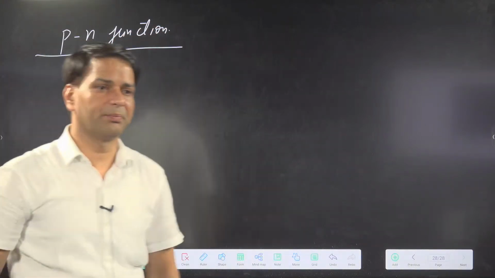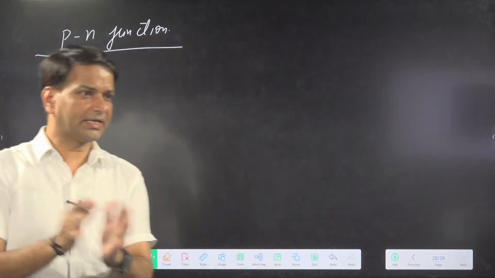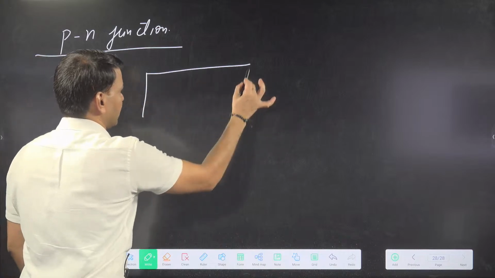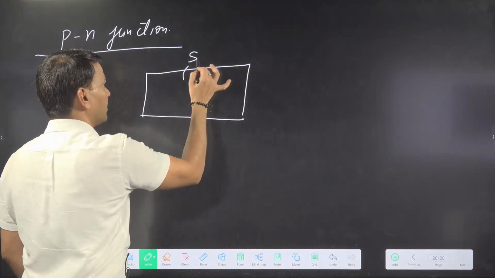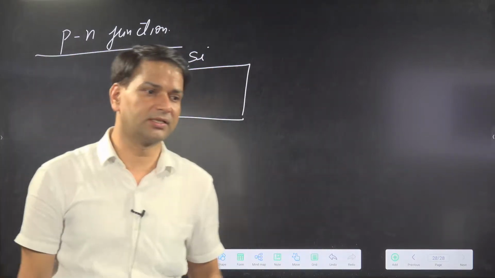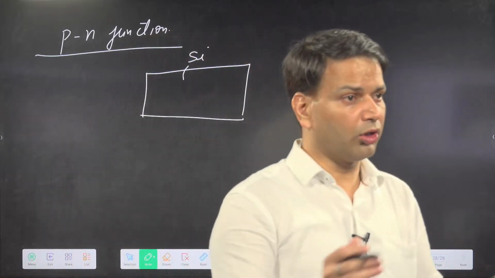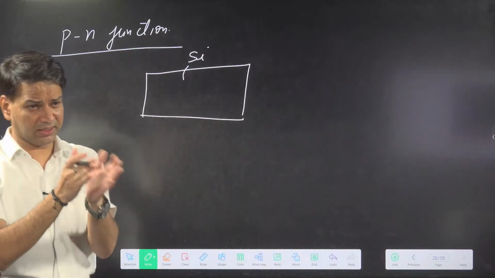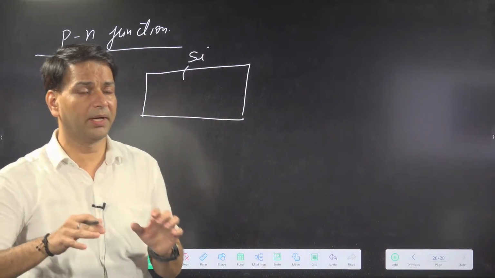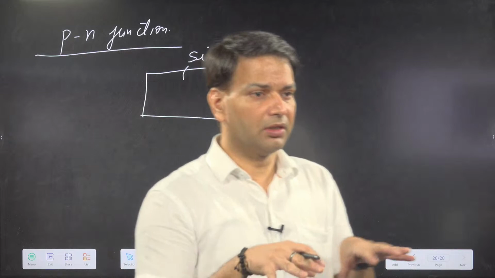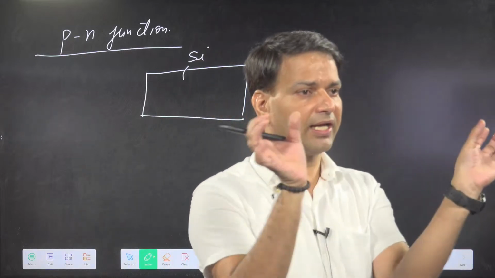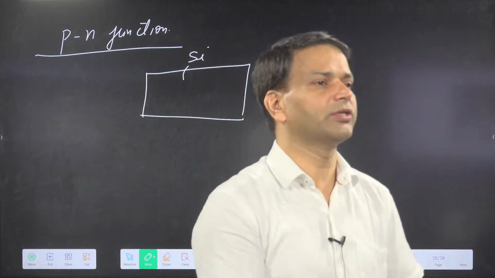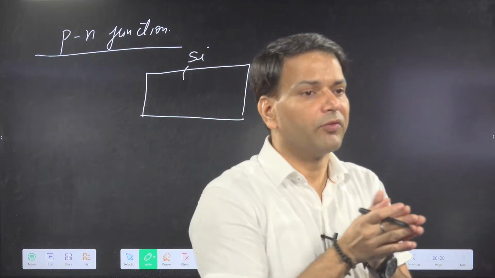So what is a PN junction? P type, N type semiconductor we know. Suppose you have pure silicon atom, or intrinsic semiconductor. Now you want to make the PN junction, meaning you want to combine P type semiconductor and N type semiconductor. For this purpose, we don't take the P and N separately and use any adhesive to stick them.